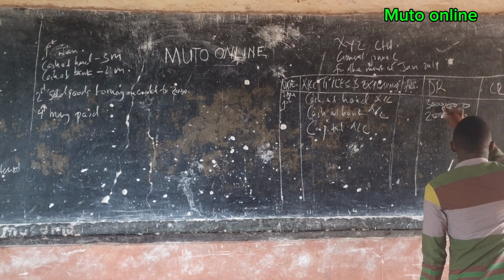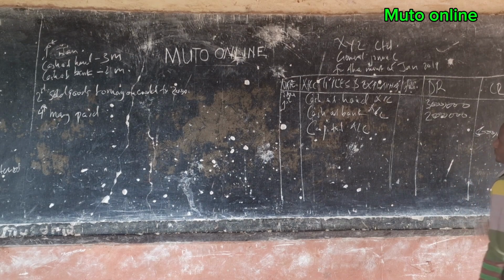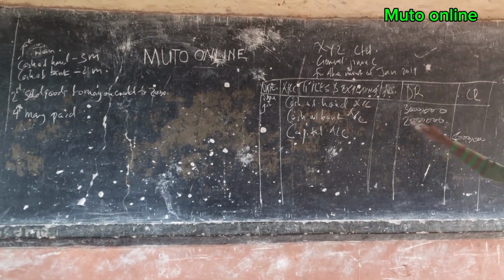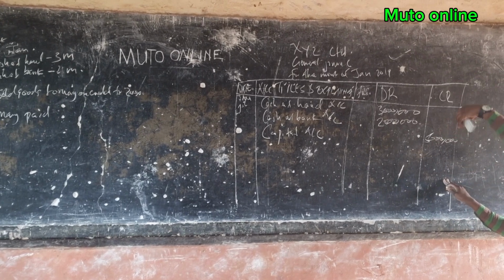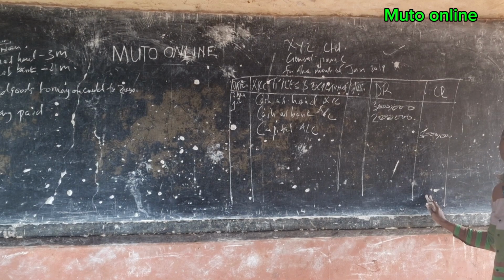When you add the 3 million plus the 2 million, we have 5 million. You see these accounts balancing. Since these are assets, we are going to credit the capital, since capital is the one losing in the form of cash at hand and cash at bank.